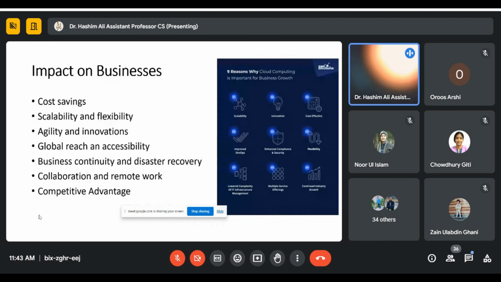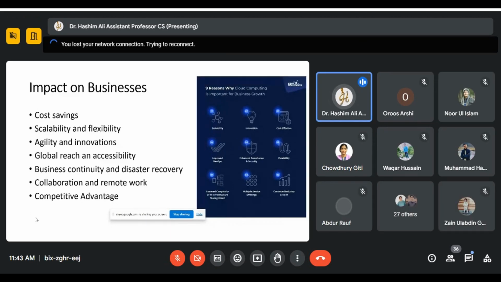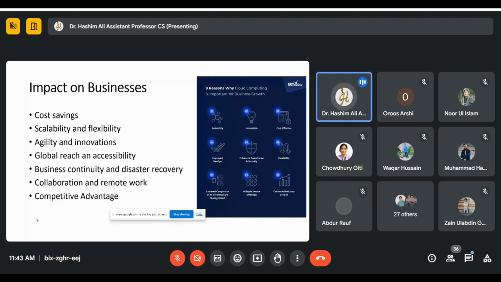Agility is there, and it allows global reach and accessibility, business continuity and disaster recovery. And again, it helps collaboration, and it also allows remote work.